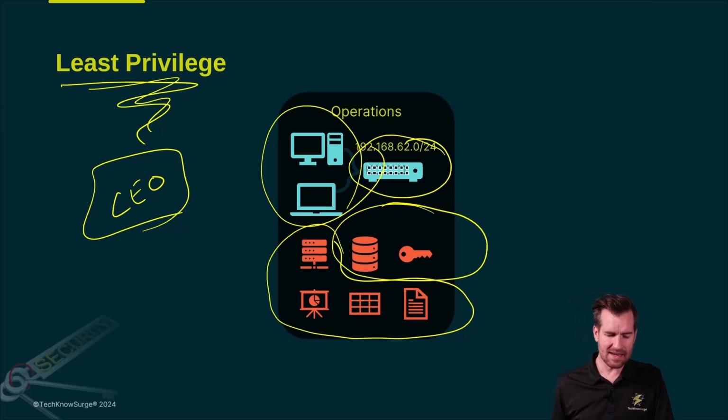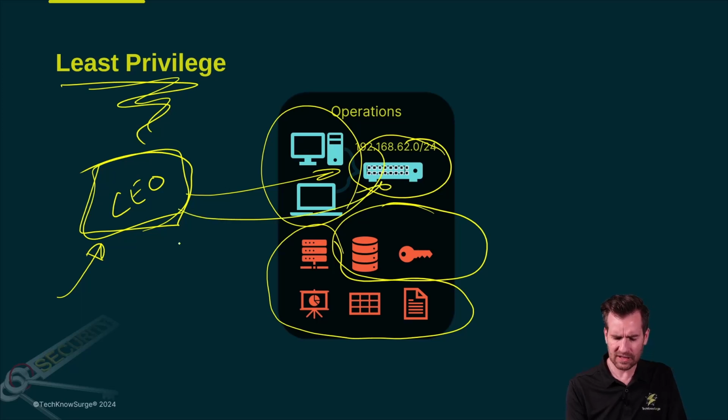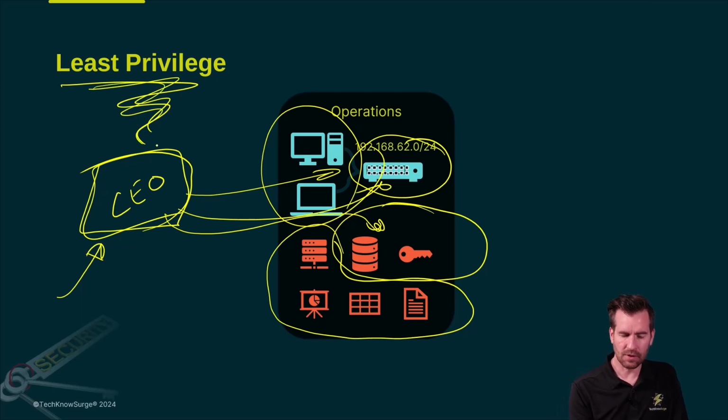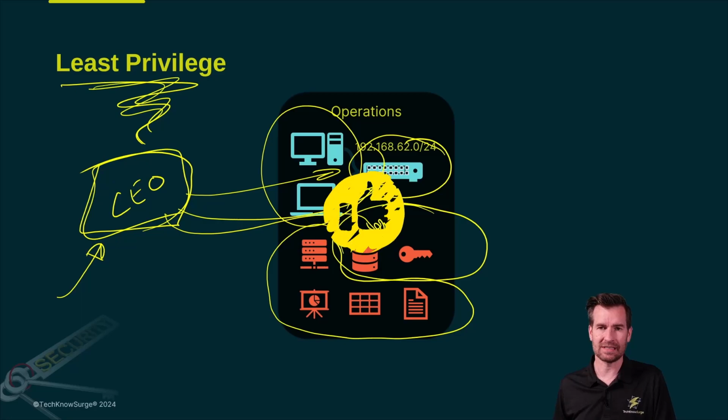And so now the CEO is a high target within a company. And so let's say their account gets compromised, and now the person that hacked this account and has gained access has access to stuff that they shouldn't really have access to. So we really want to limit this by least privilege, giving them the least amount of permissions into those resources as possible.